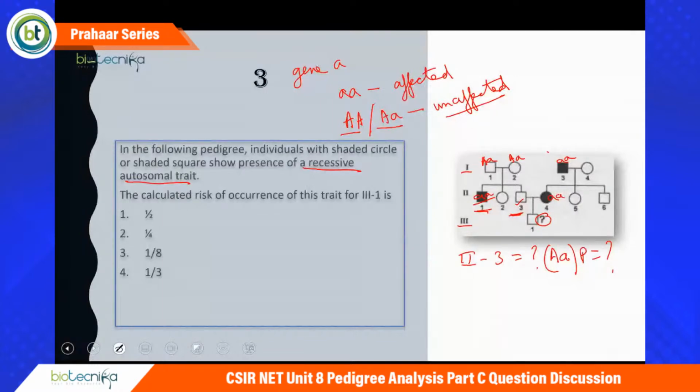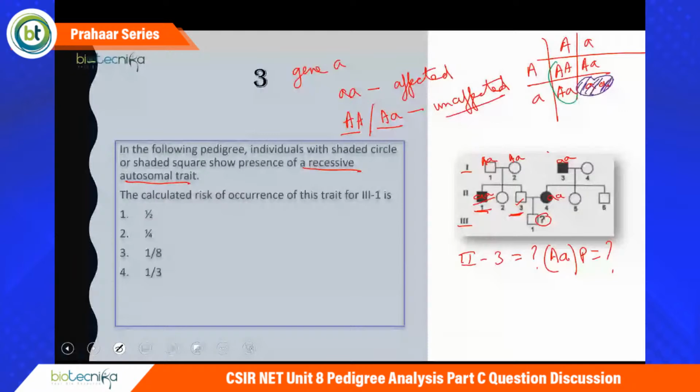For that, we have to make the regular monohybrid cross. So here it is homozygous dominant, here heterozygous, here heterozygous, here homozygous recessive. Now this homozygous recessive we can cancel out because it is already affected. But this much part is not affected.